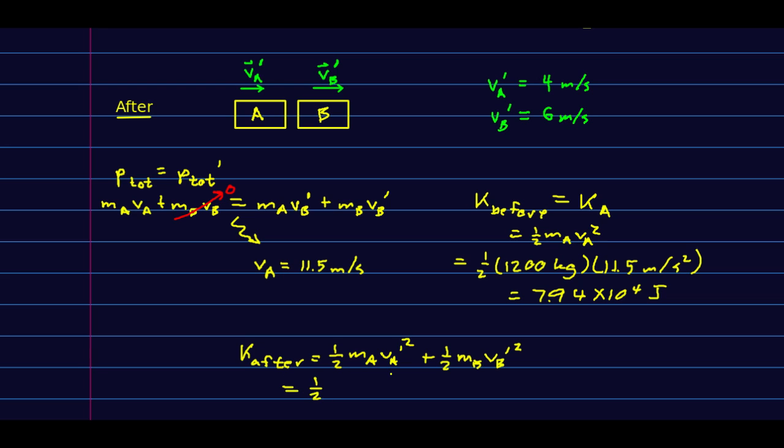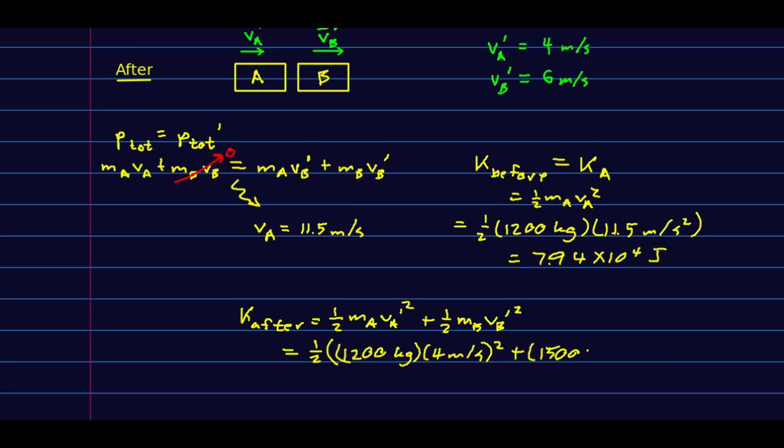So I'll just factor out that half, and I've got 1,200 kilograms times 4 meters per second squared plus the 1,500 kilograms times 6 meters per second squared. And plugging that into a calculator, you get 3.66 times 10 to the 4 joules.